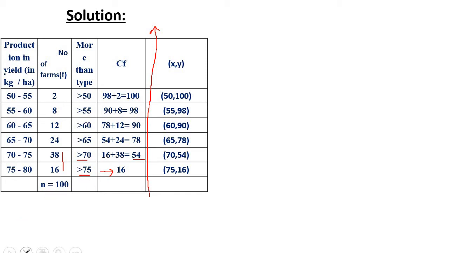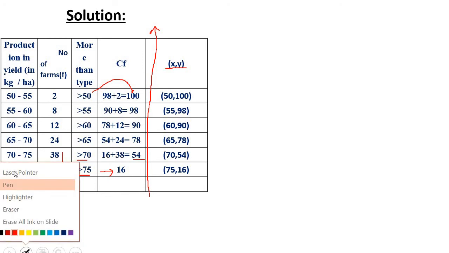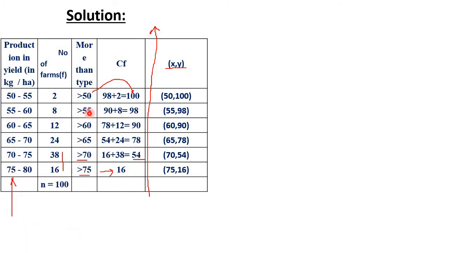Now let us take the points, which are nothing but the coordinates x, y. So in the more than type, we have to take the lower limit. Your lower limit is 50, and 100. So we can take the point 50, 100. Then the next point is 55, 98.